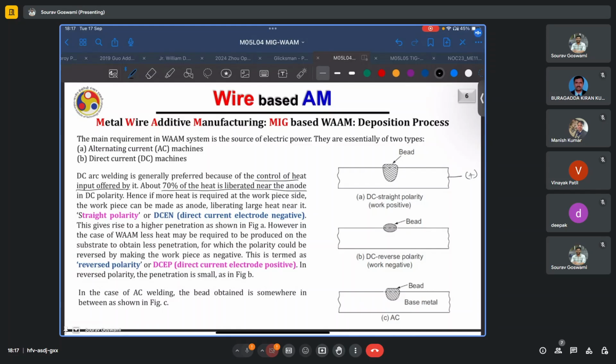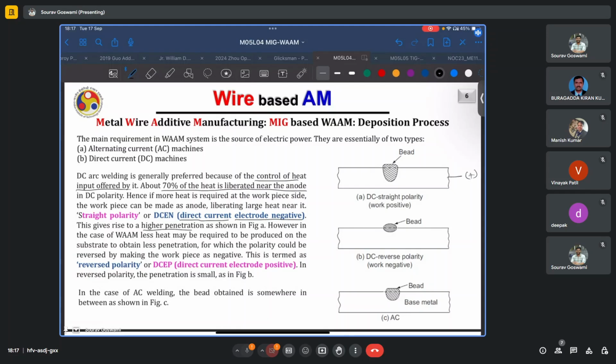And thus, if more heat is required at the workpiece side, say you want a deeper deposition or you want more dilution, or maybe to enhance the bonding strength, you want the amount of dilution to be significant, the workpiece can be made the anode, and this leads to 70% energy being liberated near the workpiece. This configuration, typically referred to as direct current, which refers to the electricity supply type, with your electrode being negative, gives rise to a higher penetration, as shown in figure A.